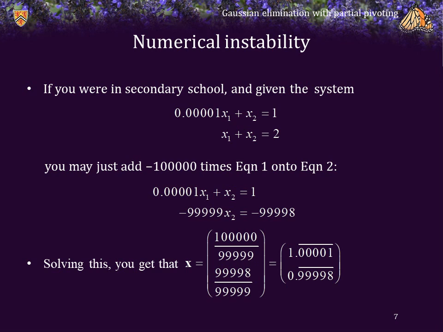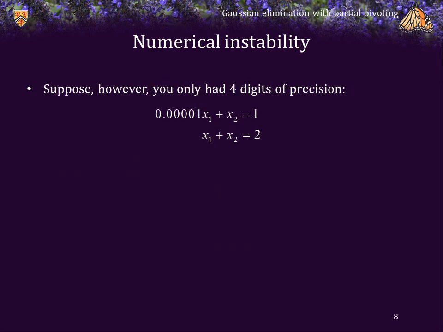Now, it's important to note that this is approximately equal to the vector 1, 1. All right, so this is the correct answer. However, suppose at any one point you were only able to store 4 digits of precision. Okay, not a problem here.